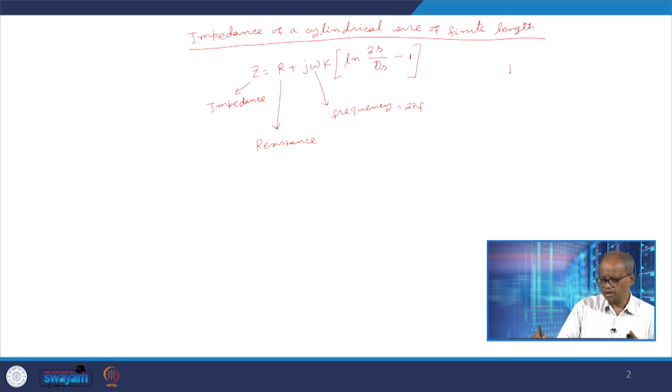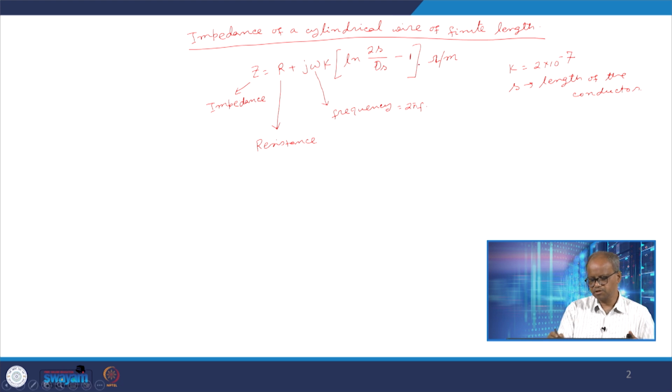K is a constant, which we said is 2 into 10 to the power minus 7, and S is the length of the conductor. Please note this is Henry per meter, so the impedance would be ohm per meter, because the inductance expression was per unit length, and R is the radius. So, that is what we have looked into.